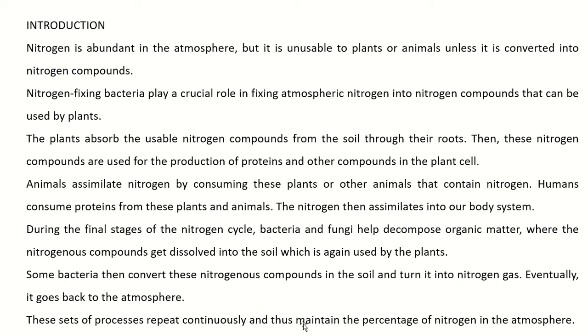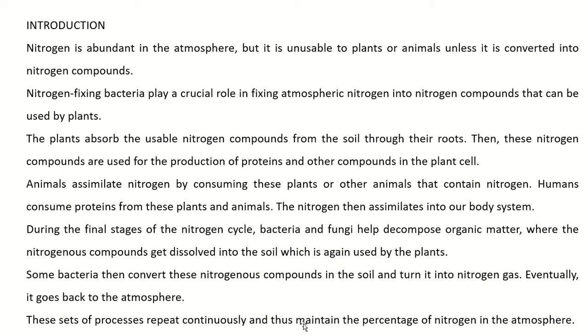Now, to understand this introductory part, the plant absorbs the usable nitrogen compound from the soil through the roots. Then these nitrogen compounds are used for the production of proteins and other compounds in the plant cell. Animals assimilate nitrogen by consuming these plants. Now, I am telling you about the food chain.